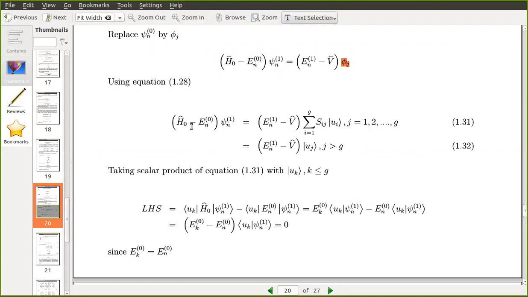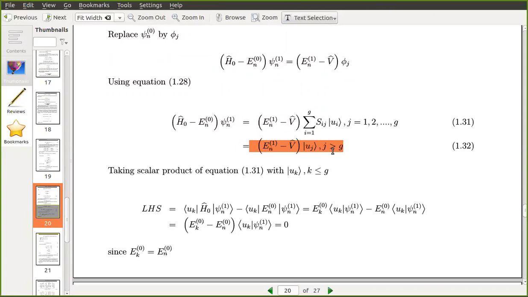Now the left side is the same. The right side you can write as en of 1 minus v. Instead of phi j, you can write the sum over i of Sij ui, where j equals 1 to g, and no change when j is greater than g.